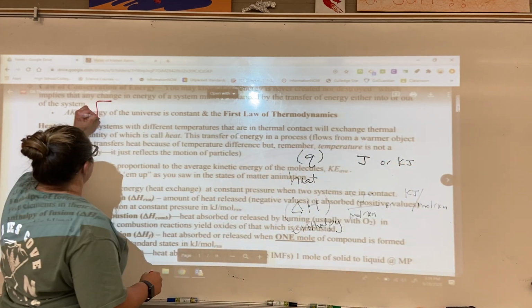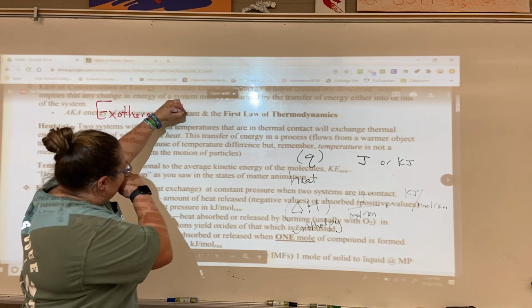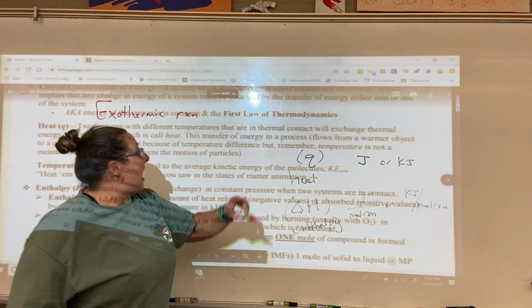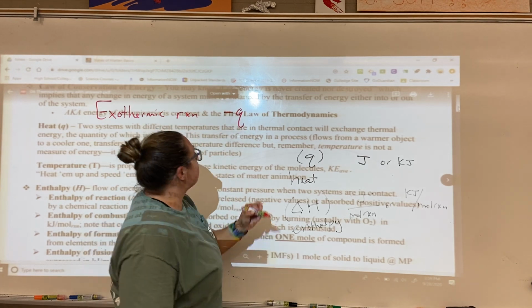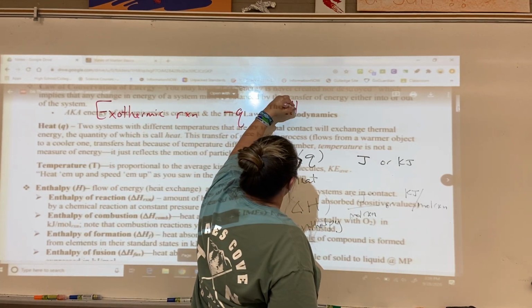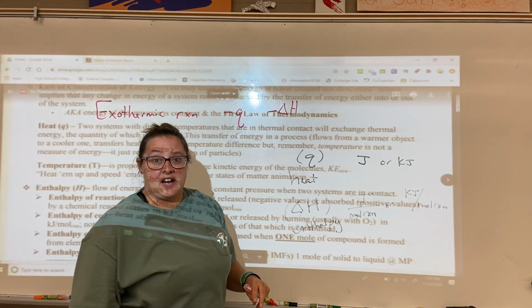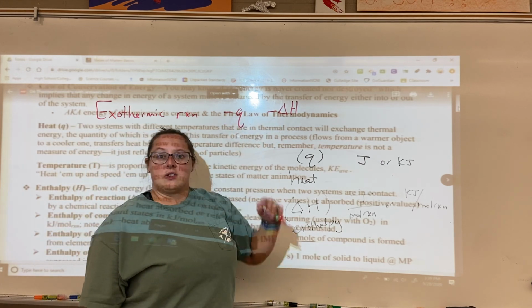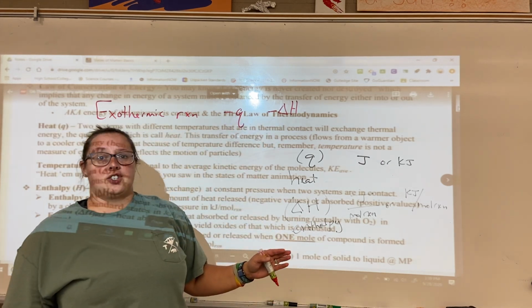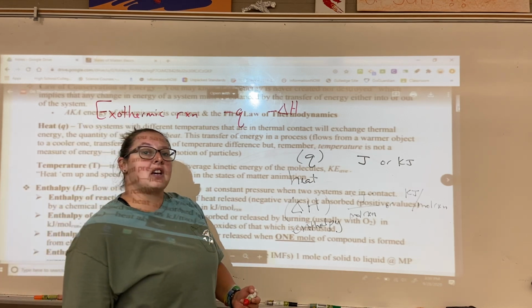We have an exothermic reaction, which means I have a negative Q or negative heat quantity. I also have a negative delta H, a negative enthalpy value as well. And so I can calculate either one of those from a stoichiometric conversion, which we're going to learn later on. I just want you guys to understand this conceptually.